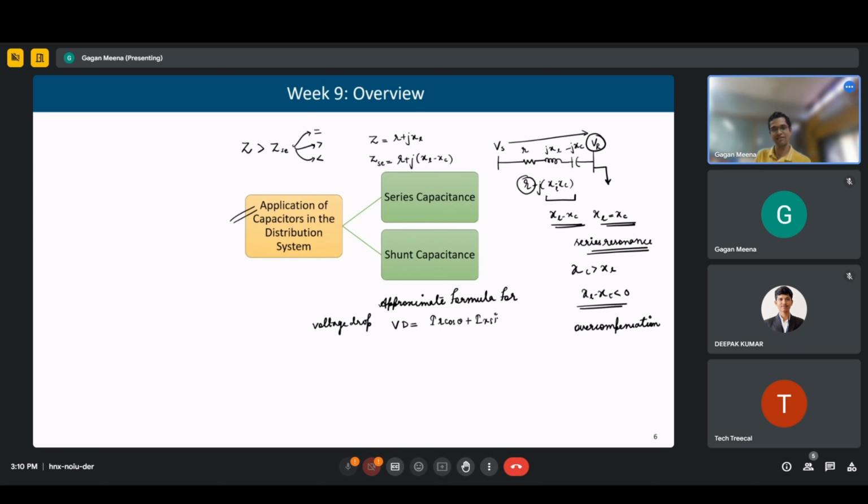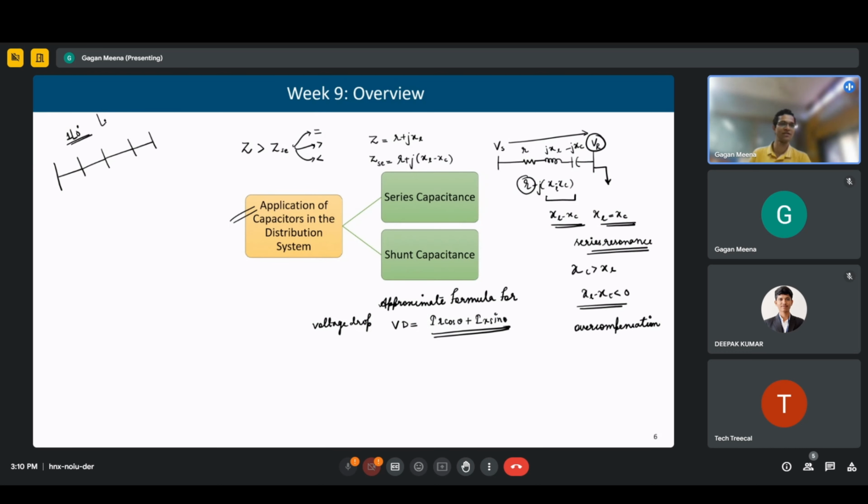So we'll see that this was without capacitor. Suppose we discussed the two methods for power flow. One was using the voltage flat start. Second was using losses.